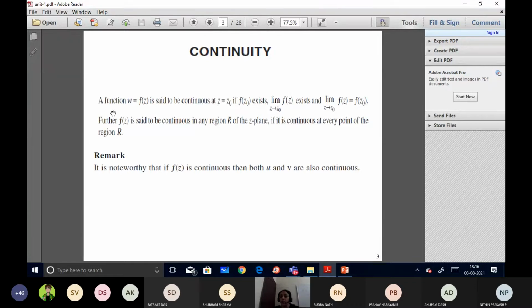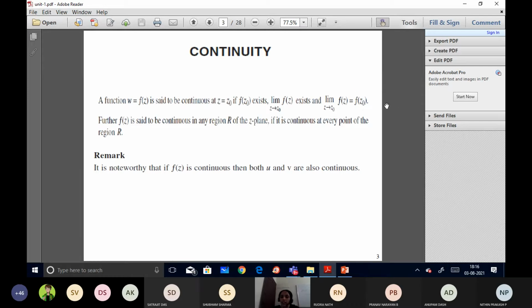A function w equal to f of z is said to be continuous at the point z equals z naught, everything in terms of a complex number, if f of z naught exists. And how is it? Limit z tends to z naught of f of z should be equal to f of z naught. When you apply the limit, the value will be equal to f of z naught.